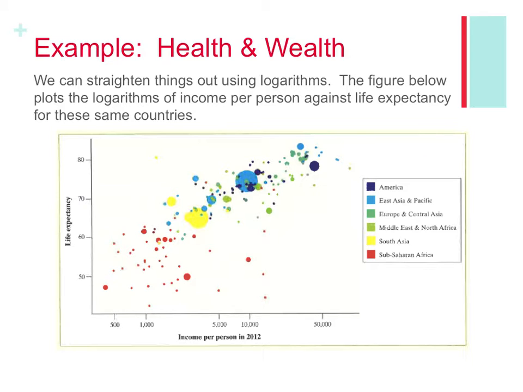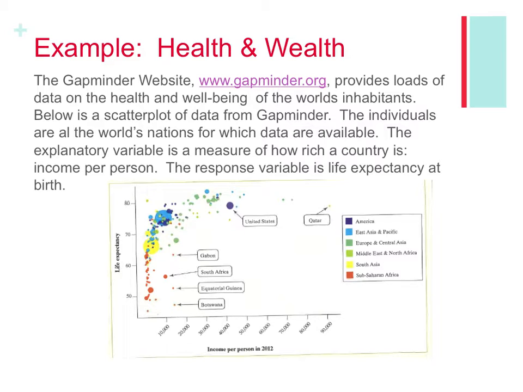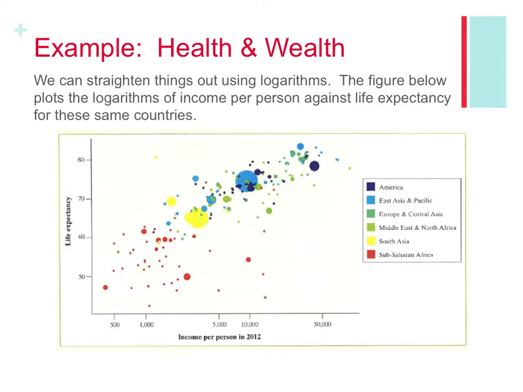So we would want to see more of a linear pattern, to understand if there's a true relationship, and whether we can find a regression line to make predictions. We can straighten out that last scatter plot by using logarithms.